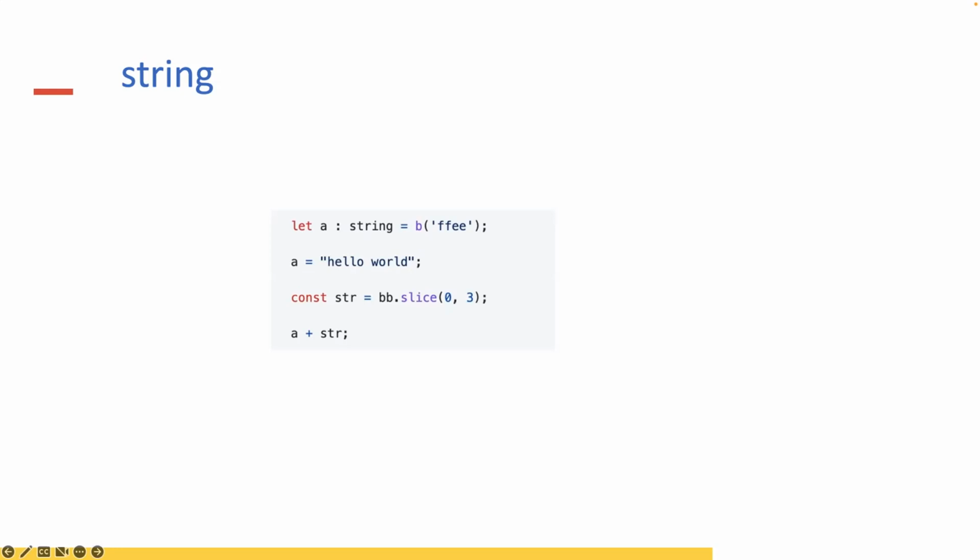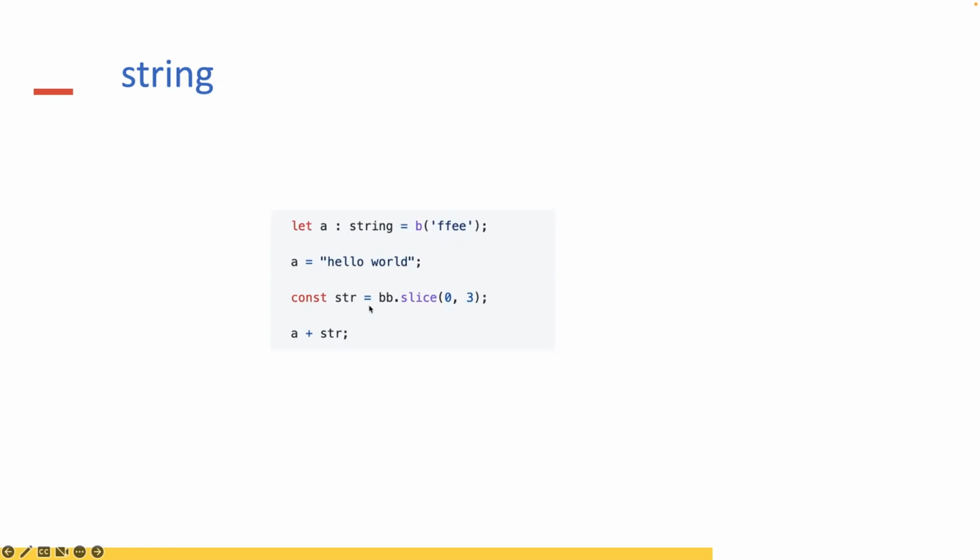So we provide a built-in function called B. If you put the string inside B, it's going to be regarded as a hex string. For example, if you want to put FFE, the hex number, that's how you write it. Versus here, you only put double quotes or single quotes, whatever your favorite style is, and it's going to be a literal UTF-8 encoded string.